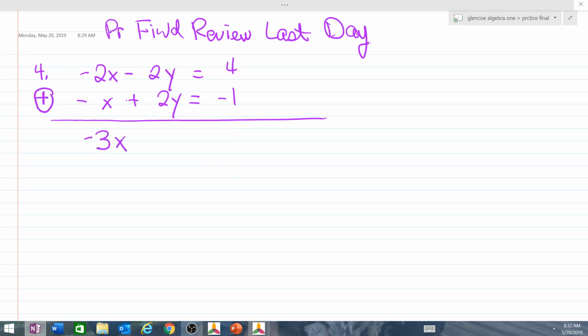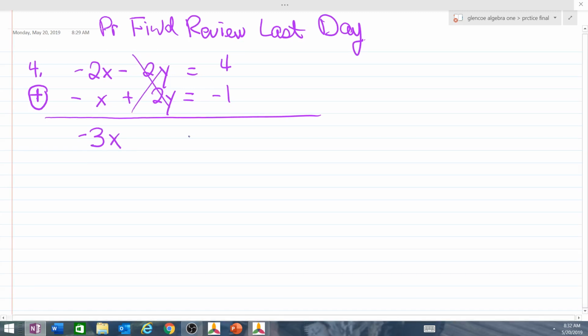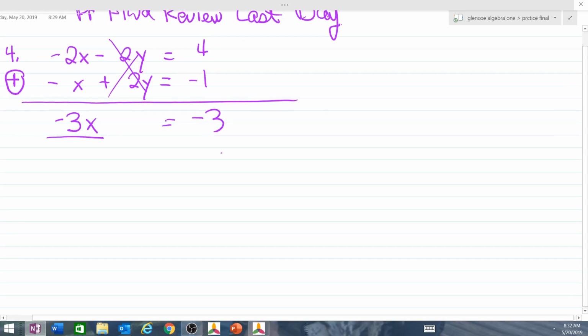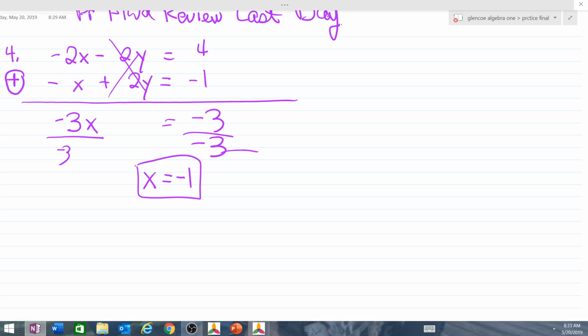A negative 2y plus 2y is 0, and 4 plus a negative 1 is a negative 3. Divide each side by negative 3, and what you get is x equals negative 1. So the x coordinate is negative 1, which means right now you're done. You don't have to go on with the problem because it would be choice A.